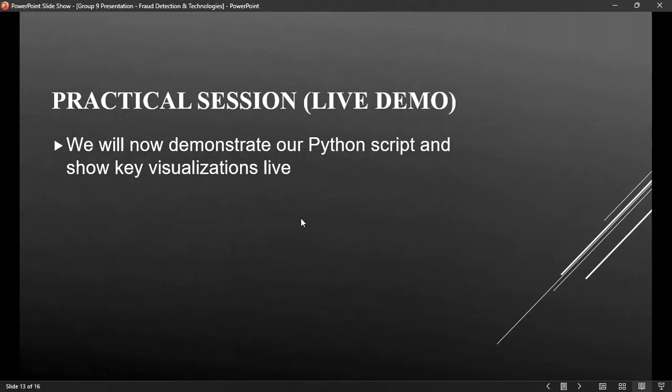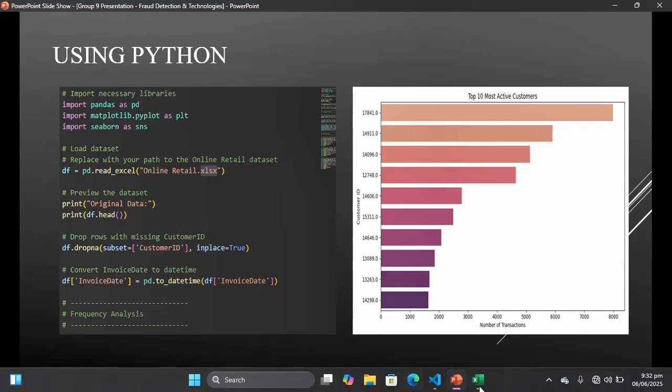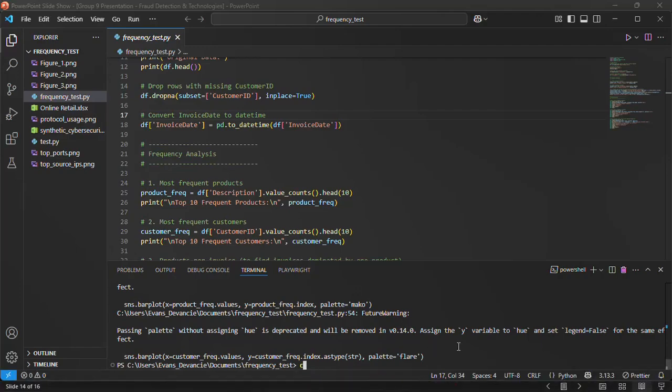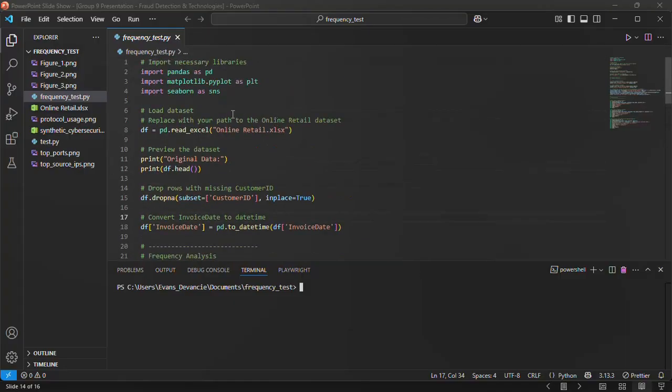So we had to do a practical demonstration as a group. We used Python, as I said, and this is a glimpse of the code which we used. Let me just dive right into the code. This is what we had to do. As I said earlier, we had to import these libraries which you can see right here.